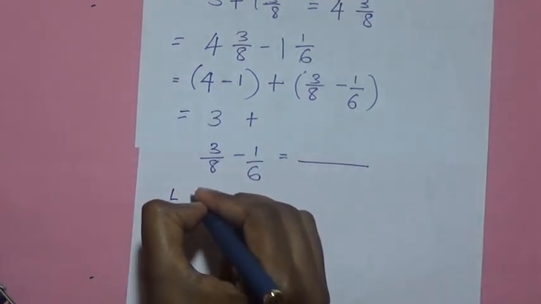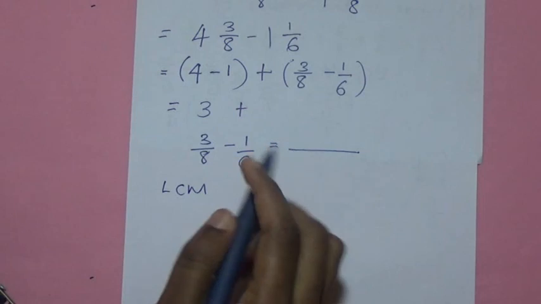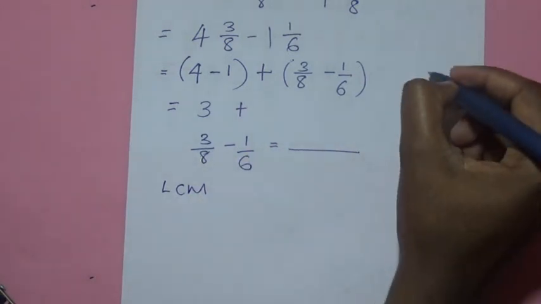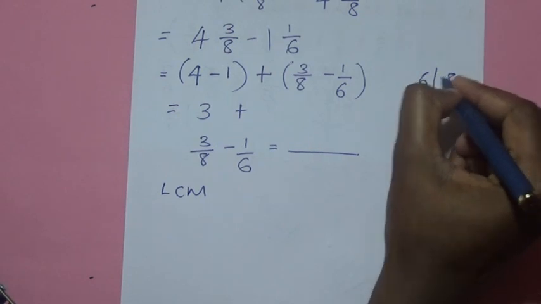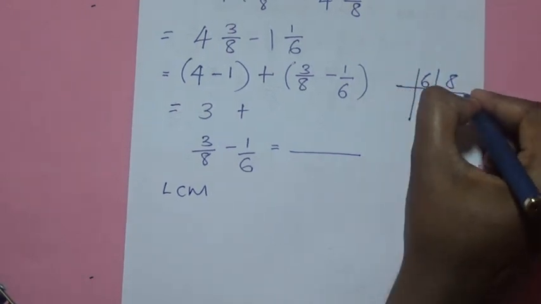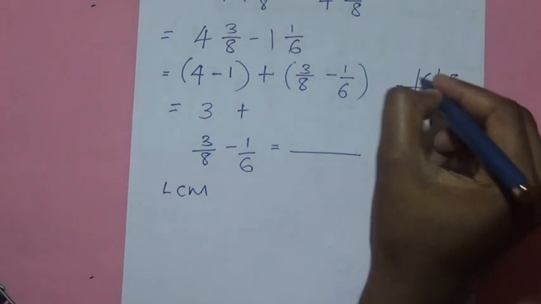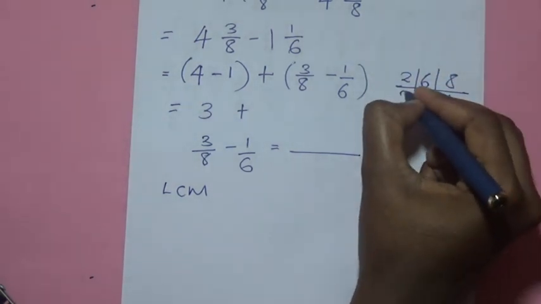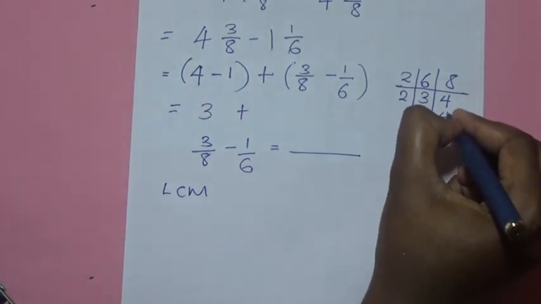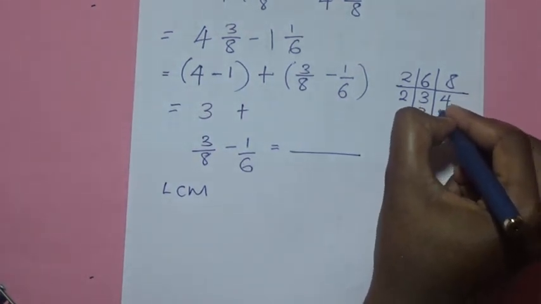Okay? LCM of 6 and 8. So here we have 6 and we have 8. We can divide by 2. Here we have a 3, here we have 4. Divide by 2 again, we have 3 and 2.